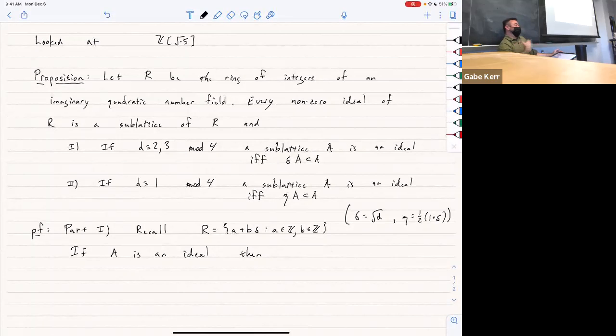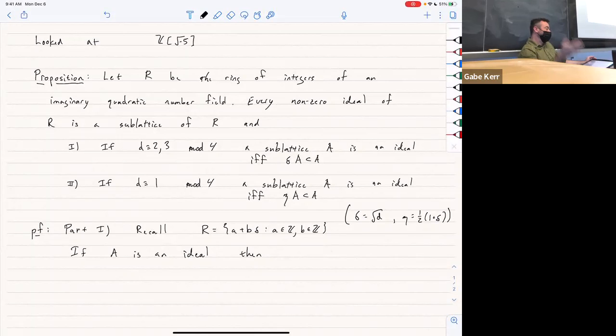If delta is contained in our ring, then delta times A is in A by definition. Delta is an element, so delta is in here.